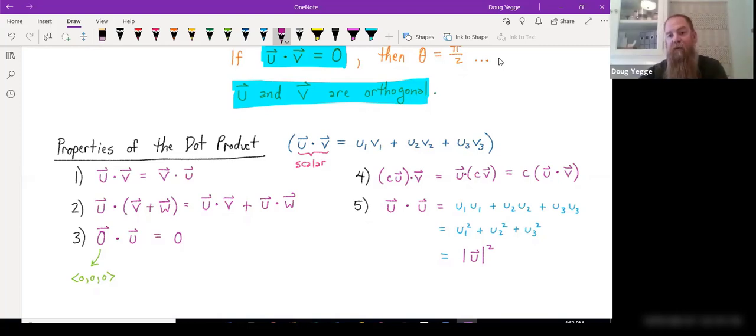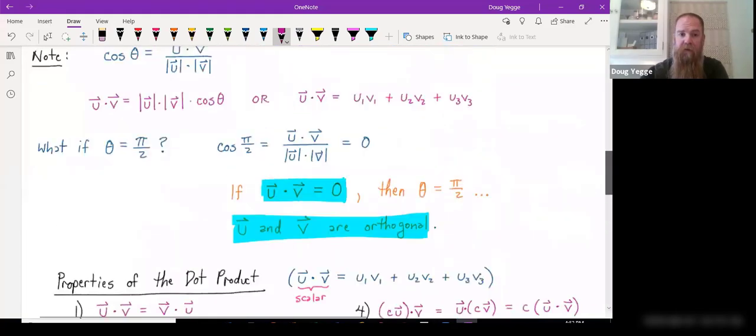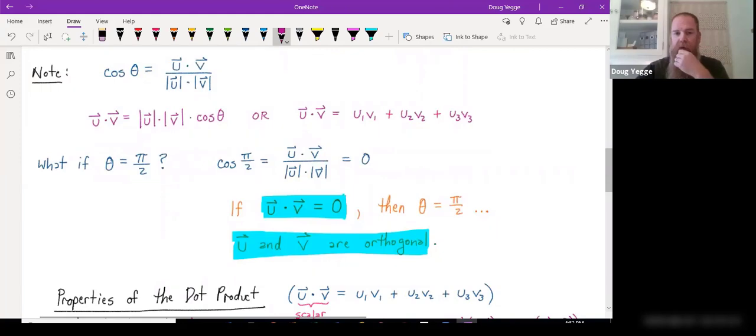Now it should be pretty obvious why. Because if I have two vectors that are the same, then I should be able to recognize the angle between those two vectors is 0. If I go back up to my formula, then if the two vectors are the same, that means that each of these v's would turn into u's. So that would mean this would be u dot u over the magnitude of u squared. But notice that would mean the angle between the two vectors is 0.